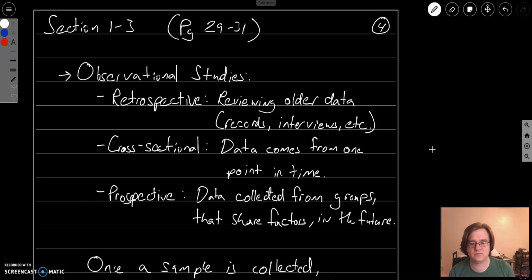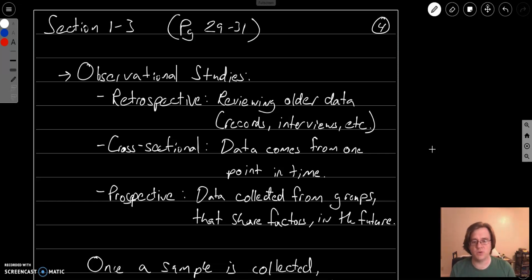Cross-sectional data is data that comes from exactly one point in time. An observational study that's cross-sectional might look at all the weather patterns across Earth on a given day, or one expedition into the jungle to count how many monkeys you see. So cross-sectional is data that's coming from exactly one point in time.